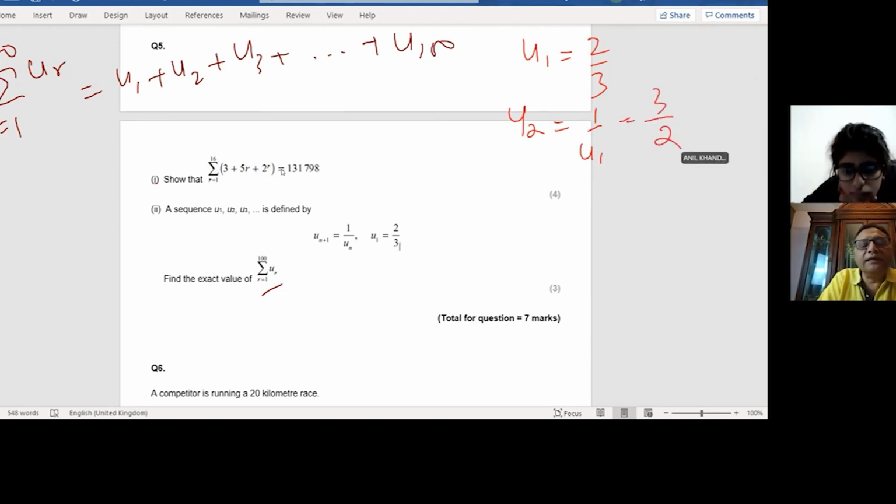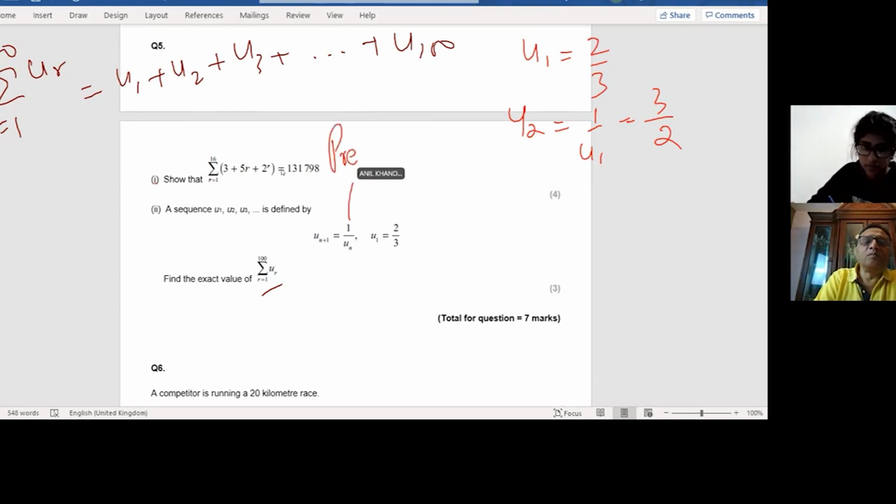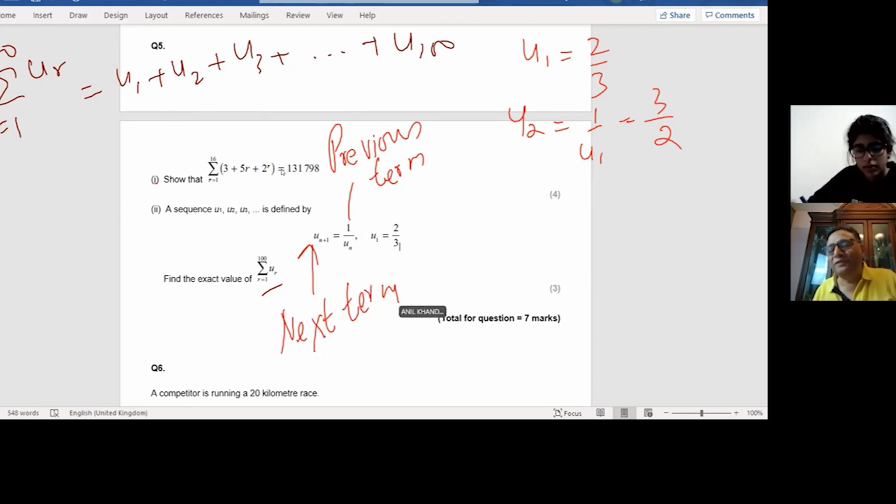So when they say U(n+1) is 1 over Un, the previous term, they have defined the iterative formula with the help of the previous term, correct? Or you can say this is your next term, either way. So the next term is the reciprocal of the previous term.